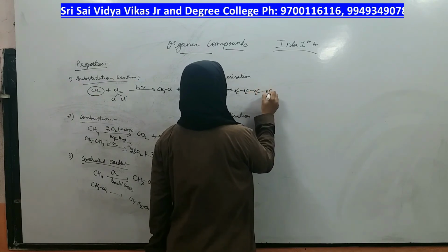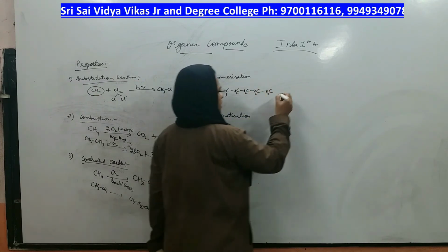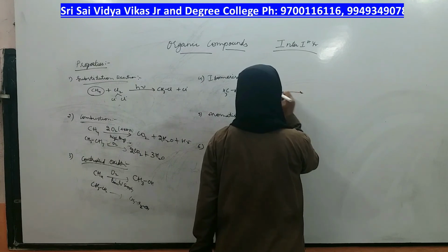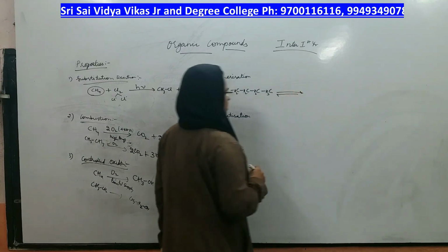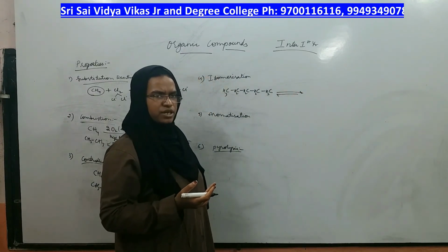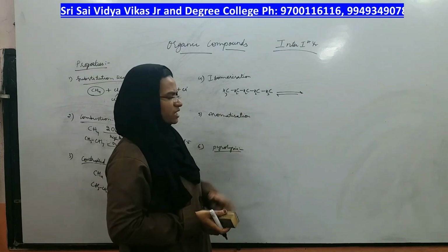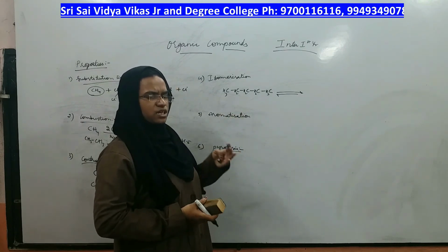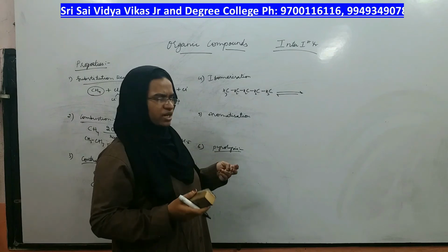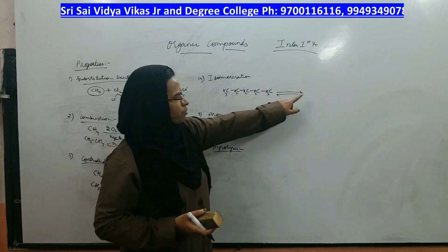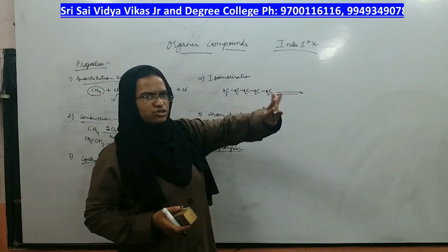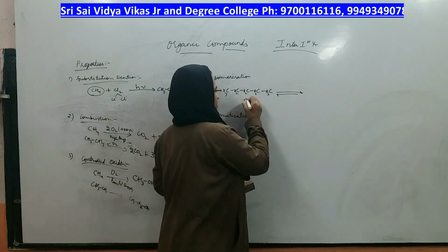Pentane. This is just an example. Any alkane you can take. If you heat this alkane at high temperatures, it will undergo isomerization and the product is an isomer of the substrate.